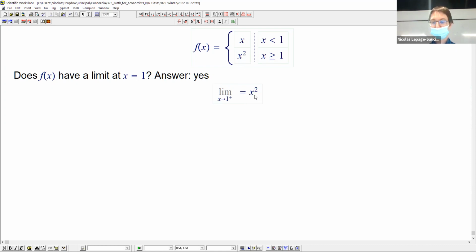So I just take 1 squared, equals 1. And the limit when x tends toward 1 minus, then I take this one there, which is 1. So yes, the limits are the same.